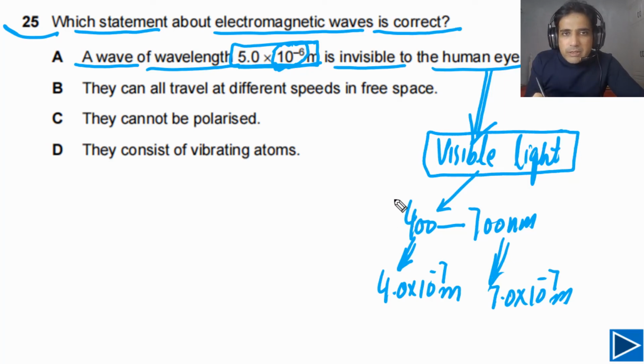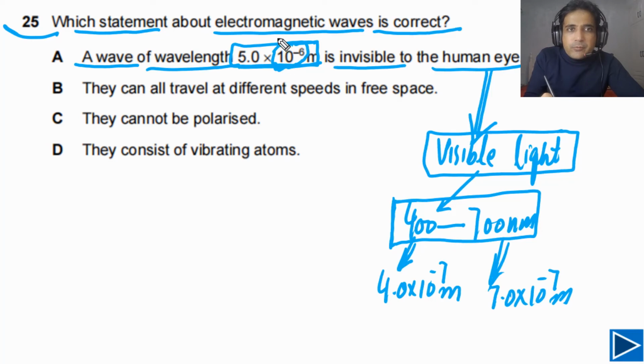We can only see this range of wavelengths that is visible to human eyes, but we cannot see a wave if its wavelength is shorter than this range or longer than this range. In this case, the given wavelength is greater than the visible part of the electromagnetic spectrum, so we cannot see this wave. So this option is correct.